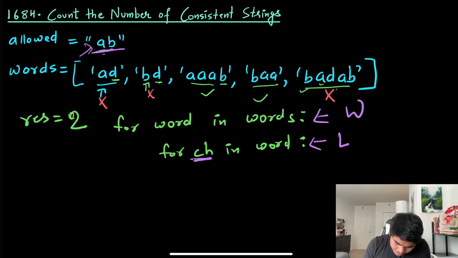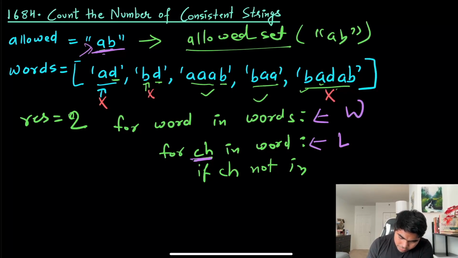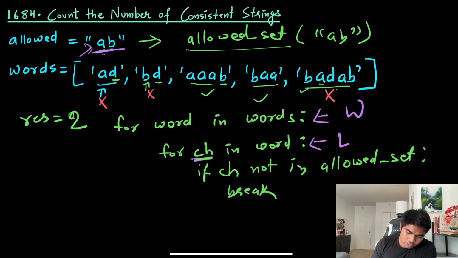Here, for ch in word, if this ch is not in allowed set, which will basically be a, b in this case, then you basically break from here. Okay, so this word is not consistent, so you break from here.